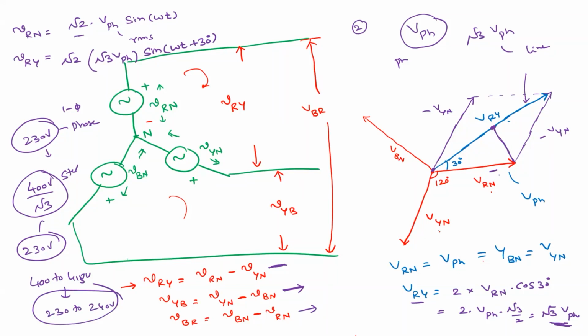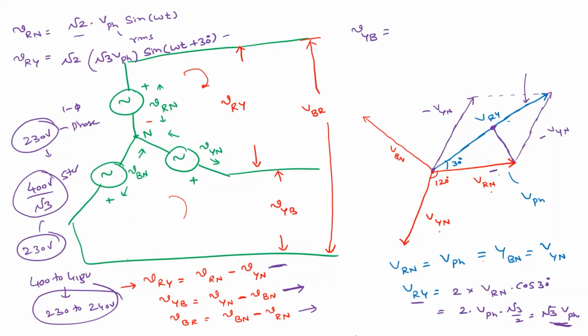And another one is, this is the R phase, so VRY is root 3 times V phase sine omega t. Can anyone tell, how exactly will VYB be there, if this is VRY?